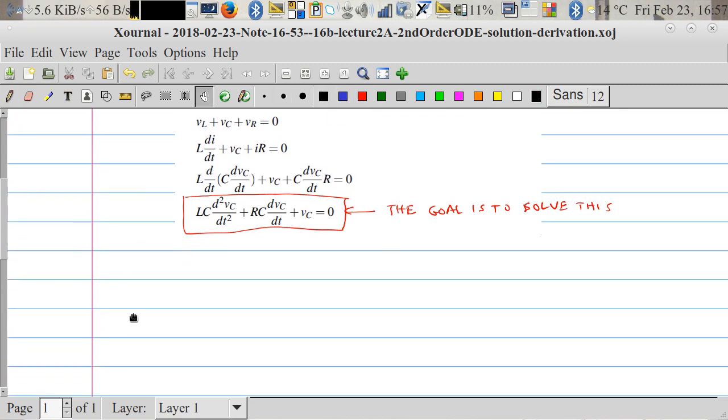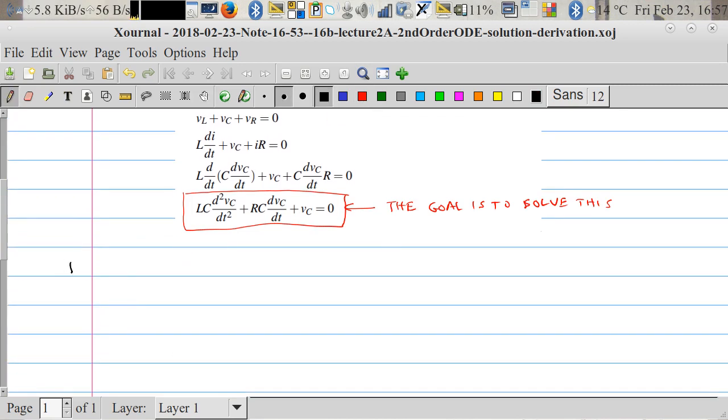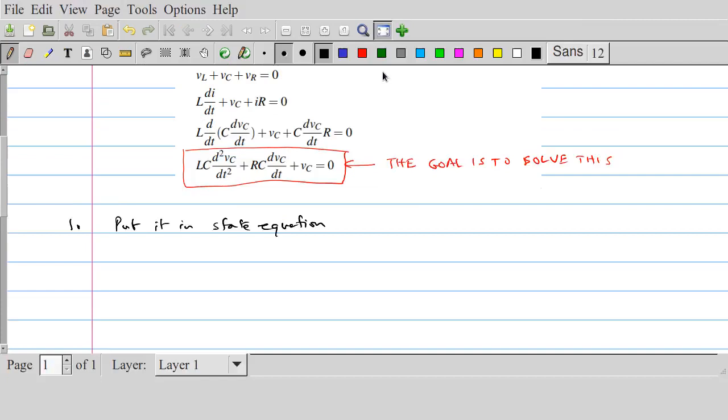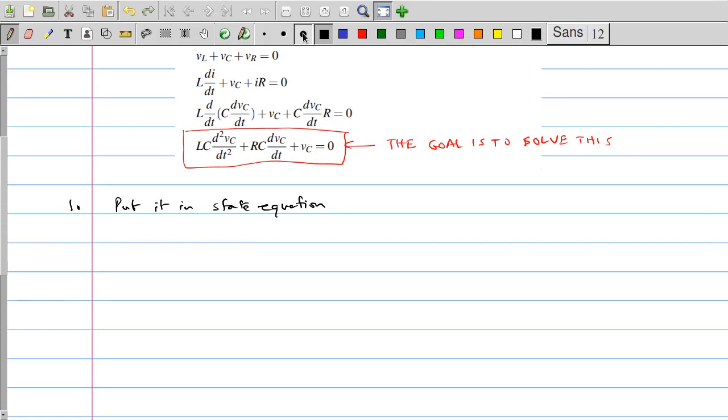Now what we're going to do is first, in step 1, put it in state equation form.